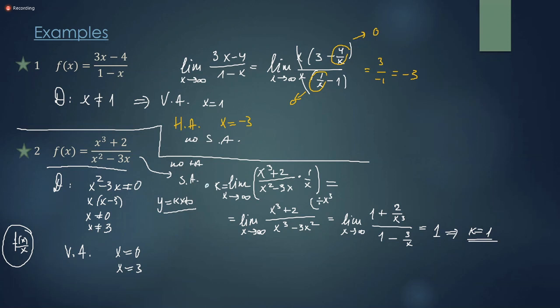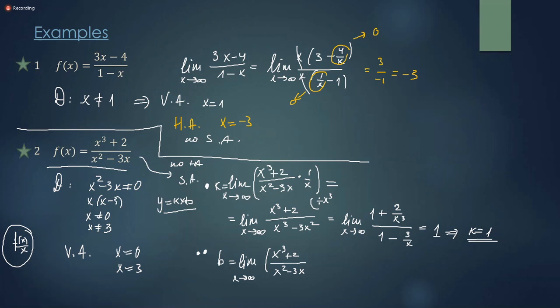So this is the first thing we did. Now the second thing is find b. b would be the limit when x tends to infinity of the function minus kx. The function is x cubed plus 2 divided by x squared minus 3x, without division by x.